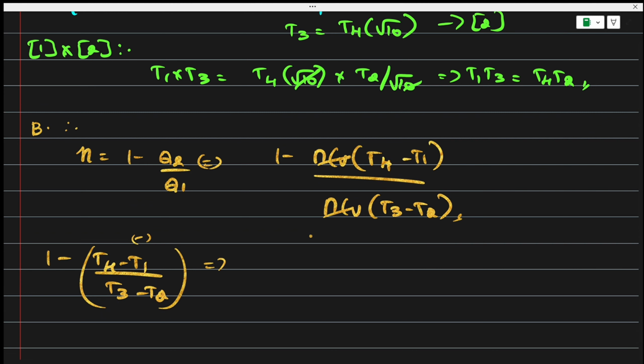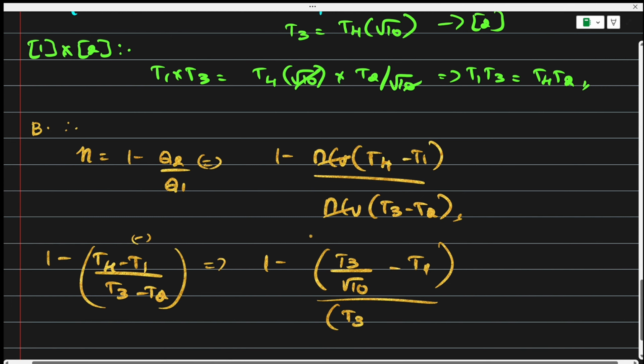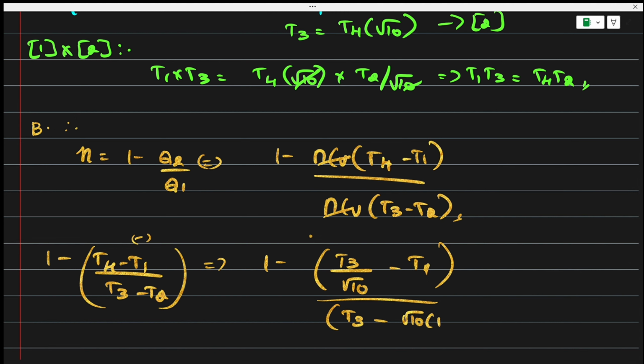Now 1 minus, I am changing T4 as T3 by root 10 with the help of equation 2, and I am keeping T1 as such. Then T3 minus, I am changing T2 as root 10 into T1 with the help of equation 1.